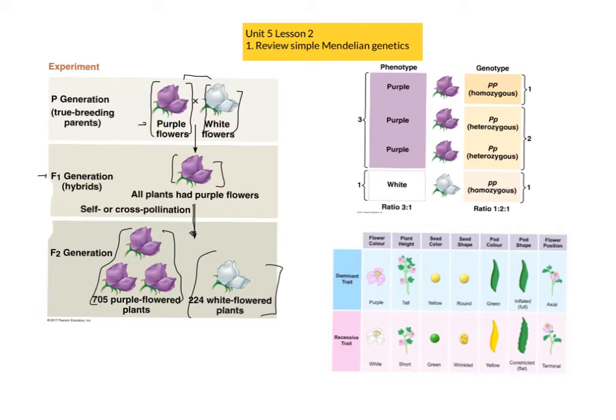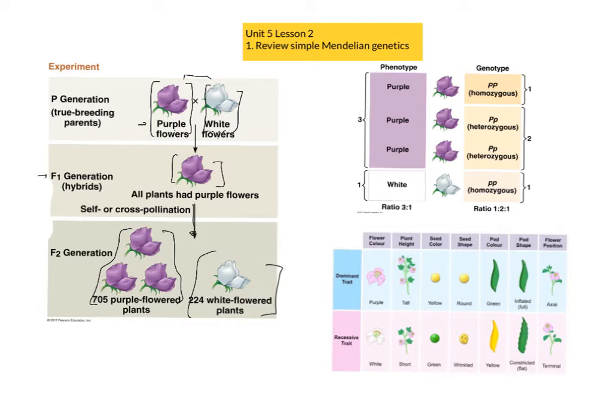And using this framework, he started to try to explain what was going on that led to the results in his experiment. And so he said, okay, for the parent generation, we know that each of these flowers is going to contribute one heritable factor to the F1 generation plant.